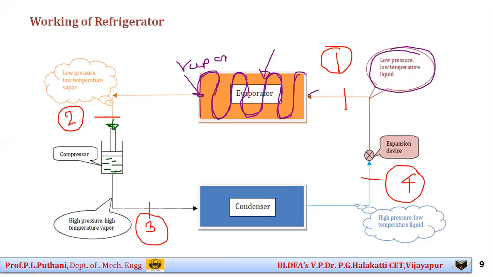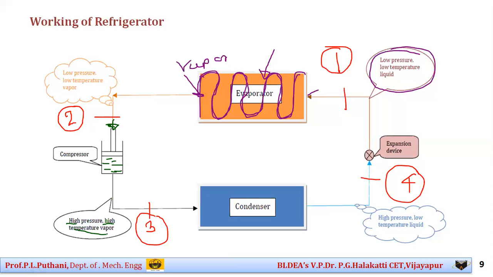Once it is compressed, the circulation becomes easier. So the output of the compressor, the refrigerant, has now reached a high pressure and high temperature vapor phase itself.